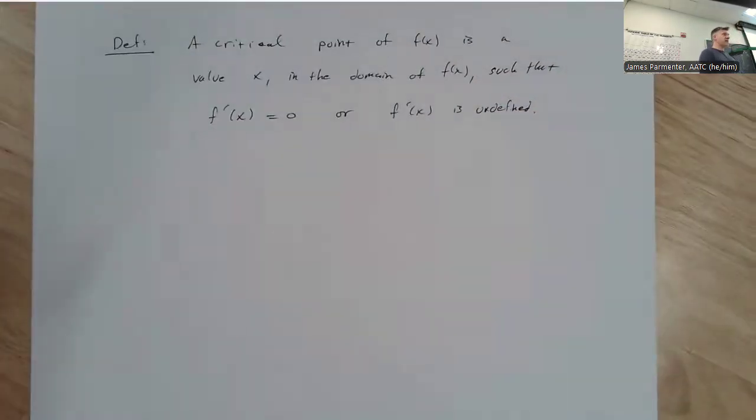So very generically speaking, a critical point of a function is a place where the derivative is either 0 or undefined.